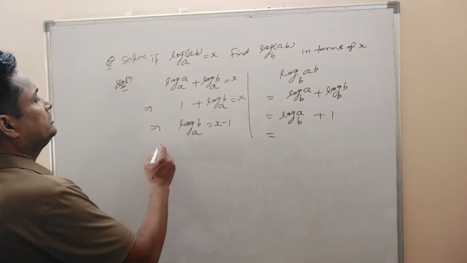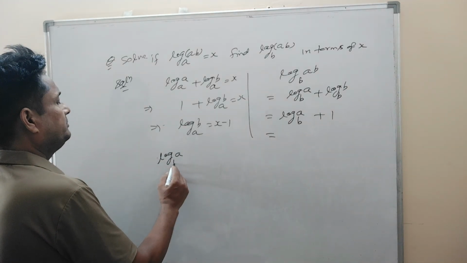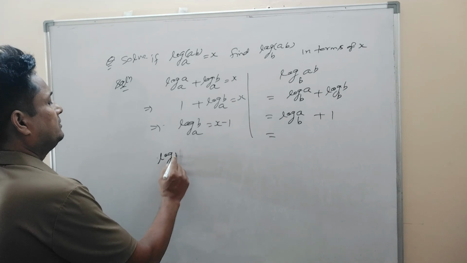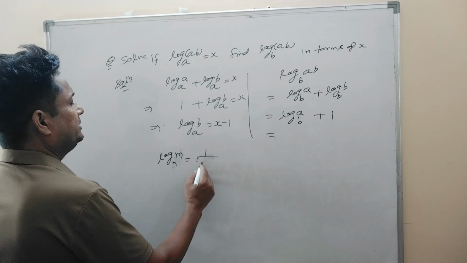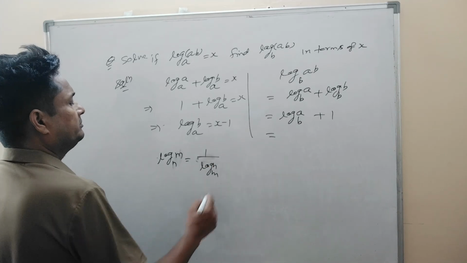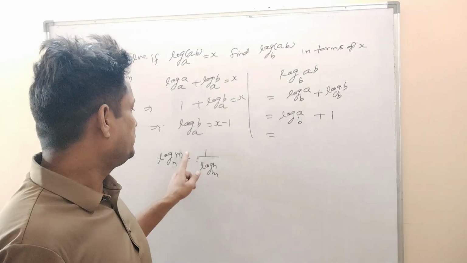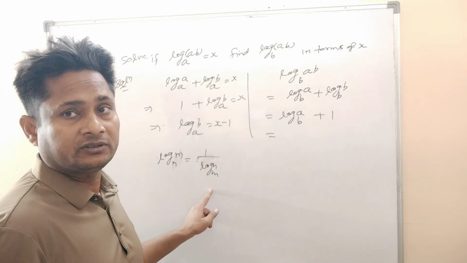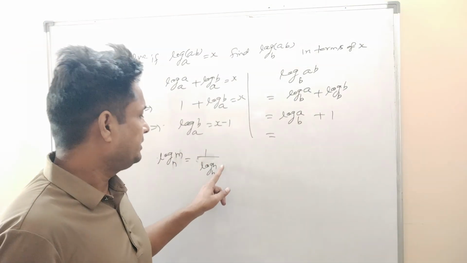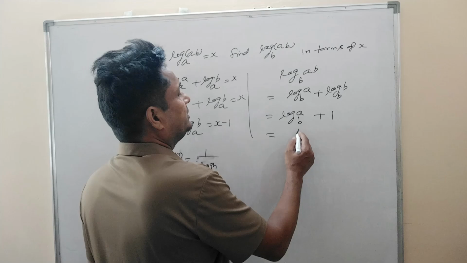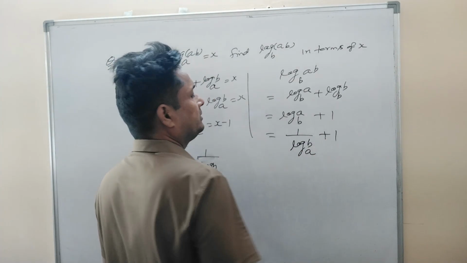I told you one more property: log of m base n can be written as 1 by log of n base m. If you change the input and base values, then it will be reversed like this. So this can be written as 1 by log of B base A, plus 1.